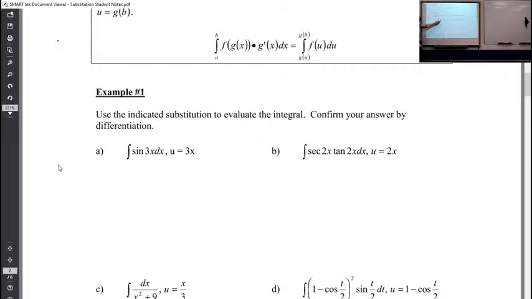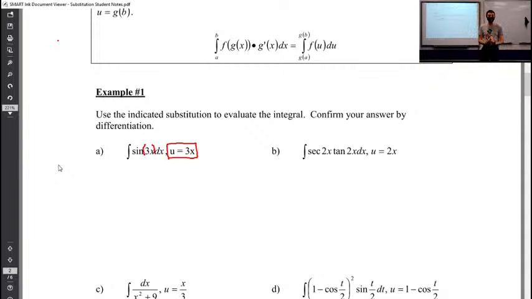So in this one, I'm telling you that u equals 3x. Okay? And so there's my 3x that's happening inside of another function. So that's one way to figure out what u is: is there some function that's happening inside of another function?